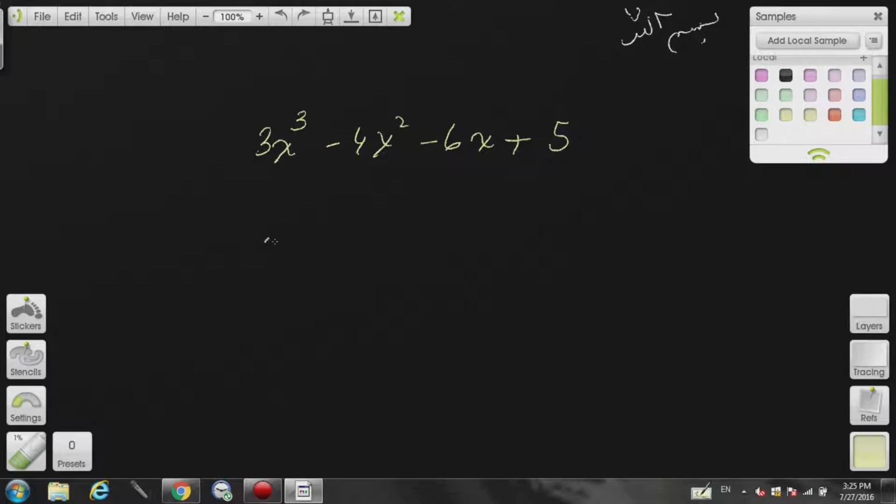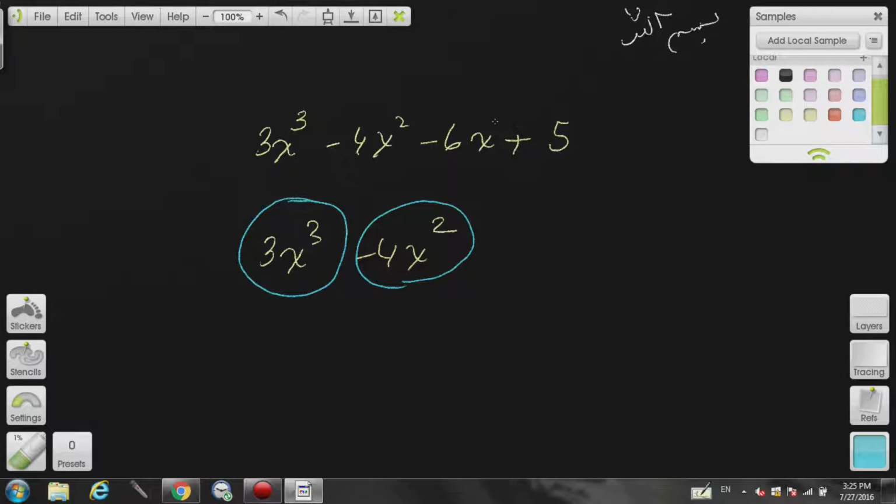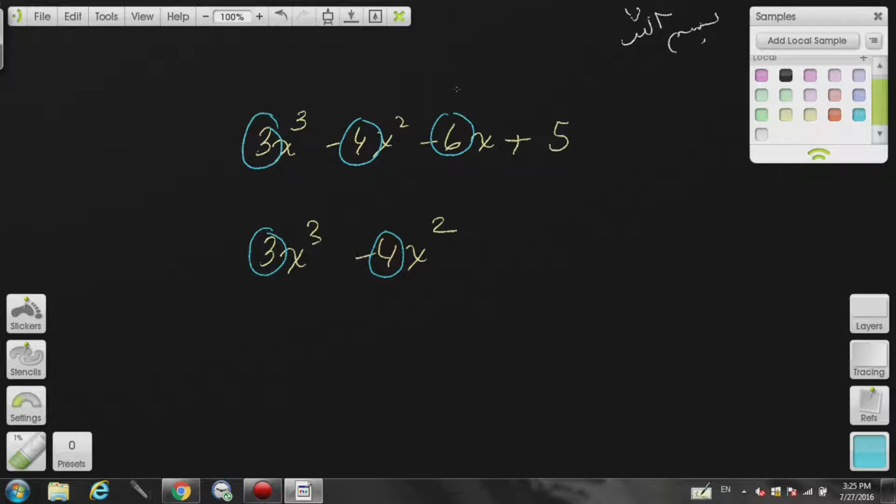Now, I'm going to write another one, 3x cubed minus 4x squared. This is also a polynomial. In this polynomial, there are only 2 terms, whereas there are 4 in the other. These are coefficients, the numbers before the variable. And the coefficient of the highest term is called the leading coefficient.